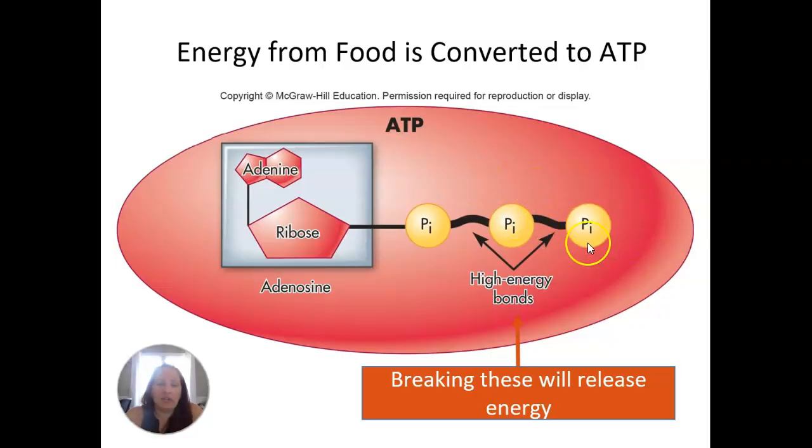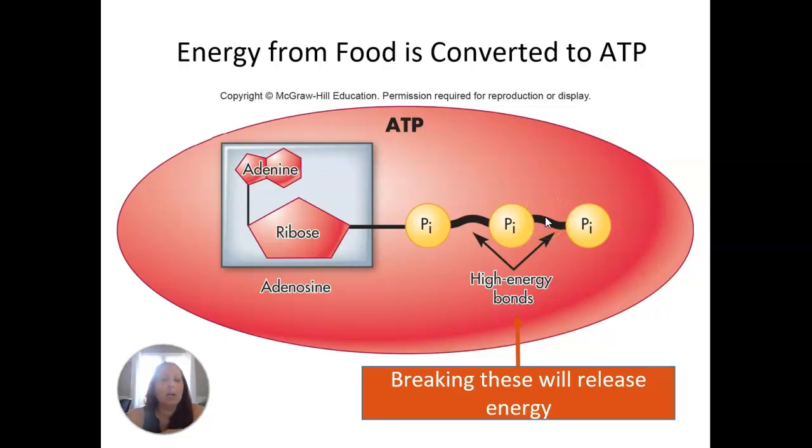The bonds between phosphates 2 and 3, so this bond right here, and also, to a lesser extent, the bonds between the first and second phosphate, these are considered to be high energy bonds. This bond right here is the one that's usually broken.